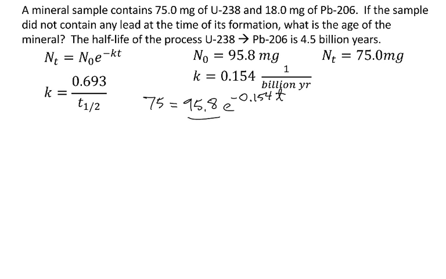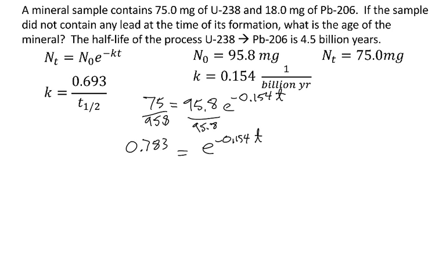So divide both sides by 95.8, and I get 0.783 equals e to the minus 0.154 t.